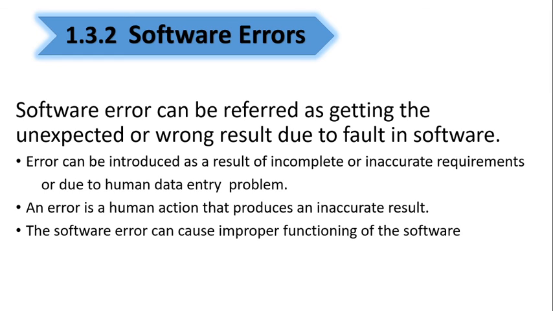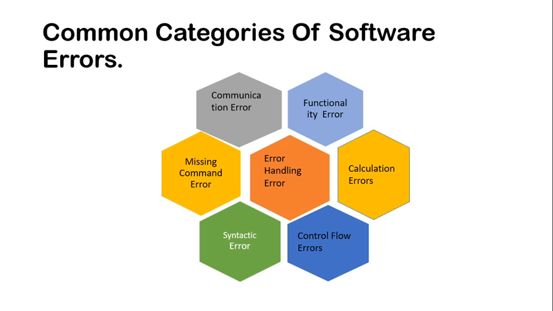A software error can cause improper functioning of the software. The common categories of errors are communication errors, functionality errors, calculation errors, control flow errors, syntactic errors, missing command errors, and error handling.